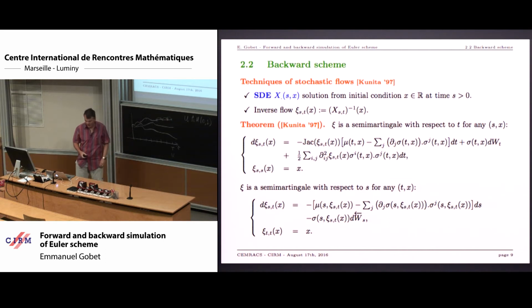So my point of view would be rather the second point of view, with a backward Brownian motion. I'd like to fix a point here. I've simulated my process up to here, I have just this value, and I'd like now to go backward.